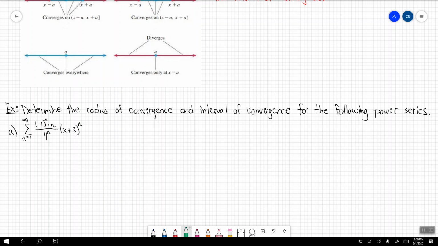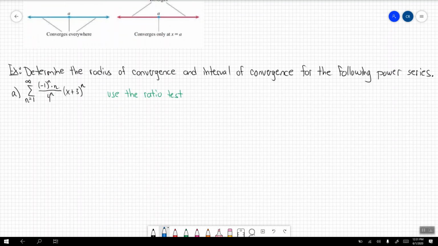So what I'm going to use here is the ratio test to see when this is going to converge. Let's go about using that ratio test. Here I'm going to say L, which is going to be that limit that we are initially trying to observe with that ratio test.